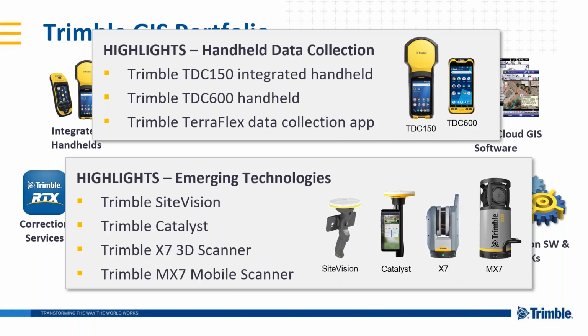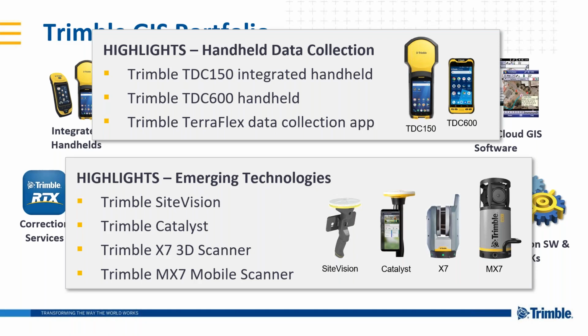Or if you're not looking for that integrated device and you want more of a generic multi-purpose device, then the TDC 600 is an Android-based device that doesn't have that integrated GNSS component. So that's something a little bit smaller, lighter, that you can integrate with external GPS receivers if that's your preference. And then down below, some of the emerging technologies.